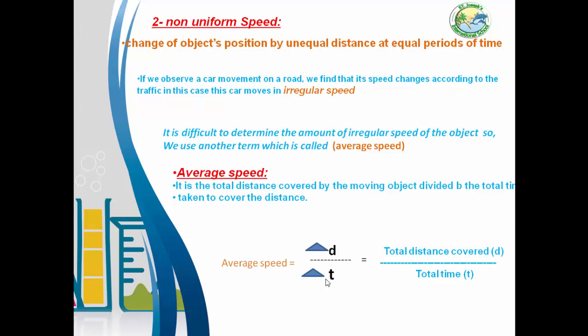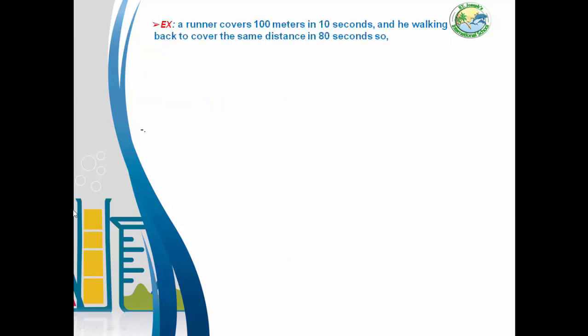We have a problem example. A runner covers 100 meters in 10 seconds and he walks back to cover the same distance in 80 seconds. So he runs to cover 100 meters in 10 seconds and he returns walking to cover the same distance, which is 100 meters, in 80 seconds.